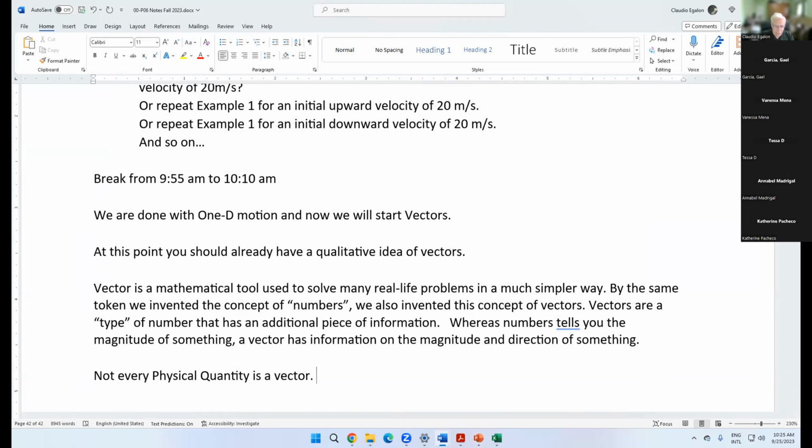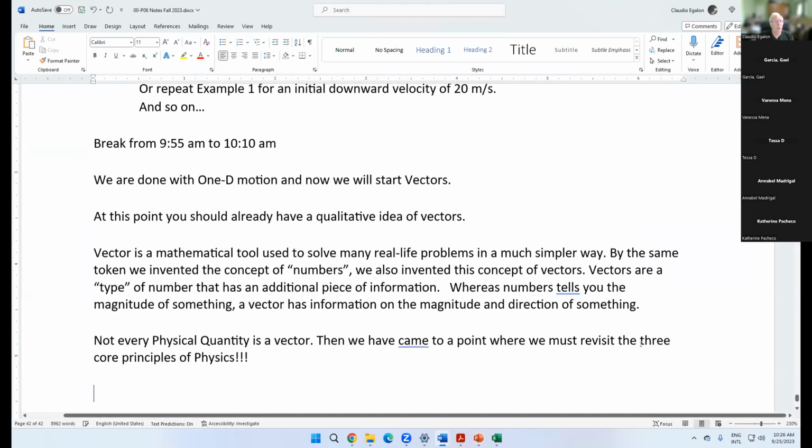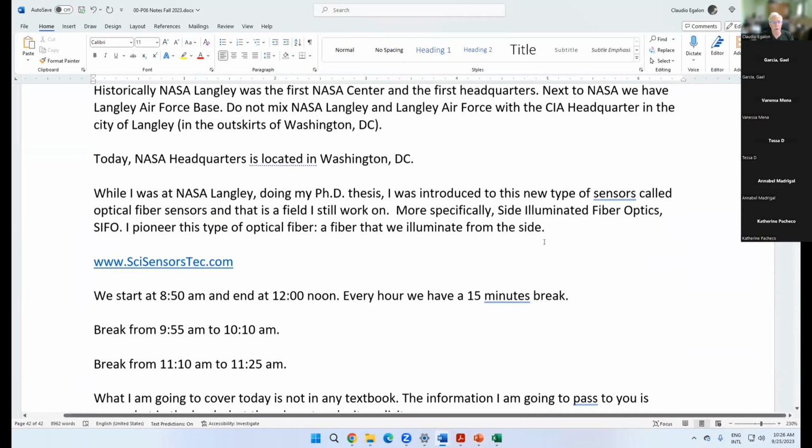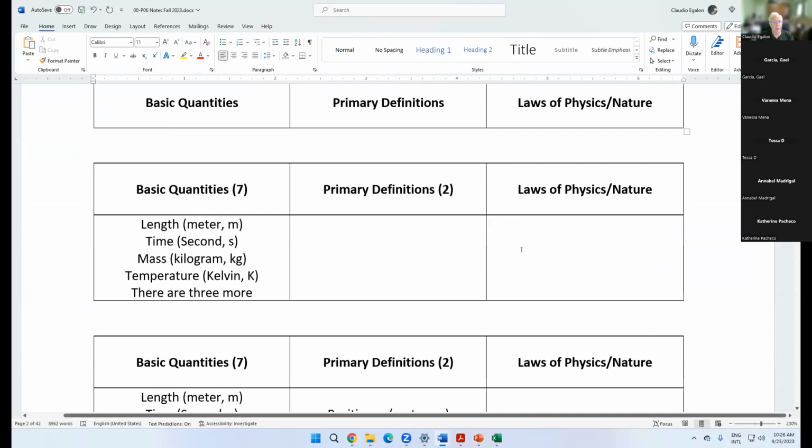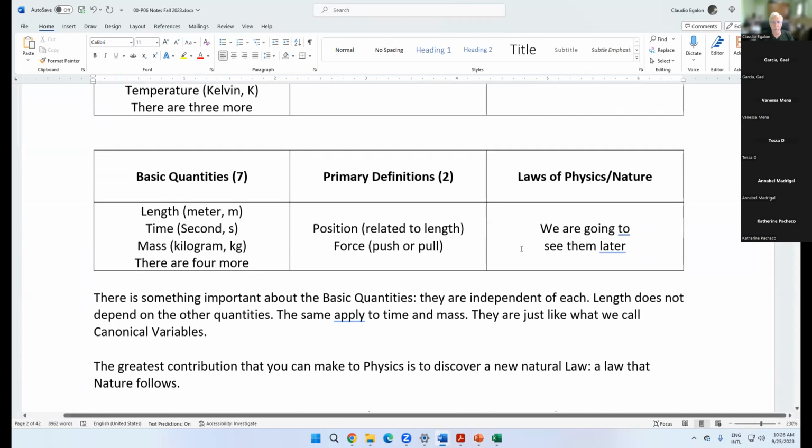Okay, and then we came to a point where we must revisit the three core principles of physics. Let's go back here. Primary definitions. Okay, right here.